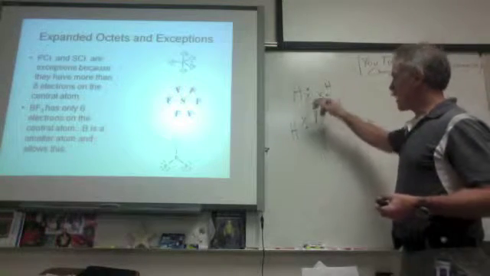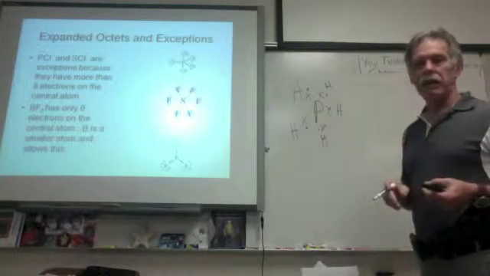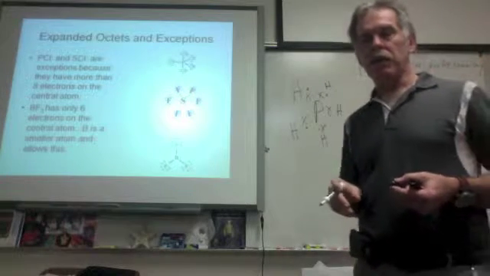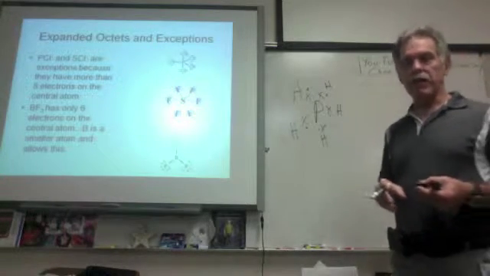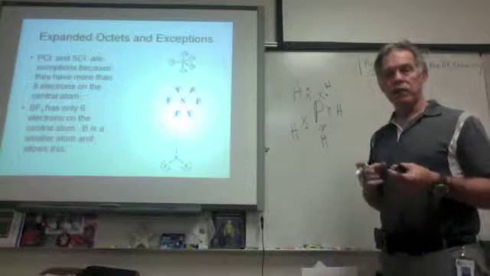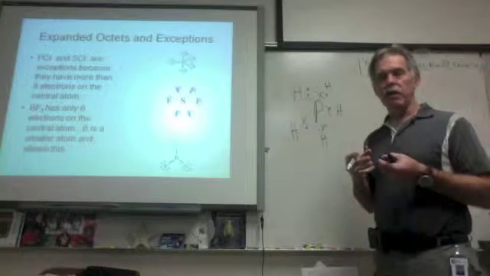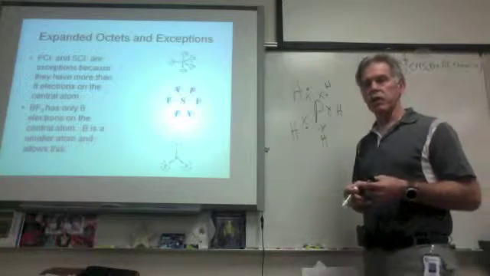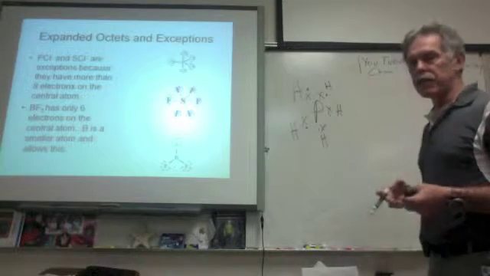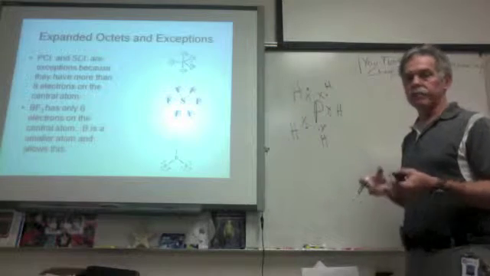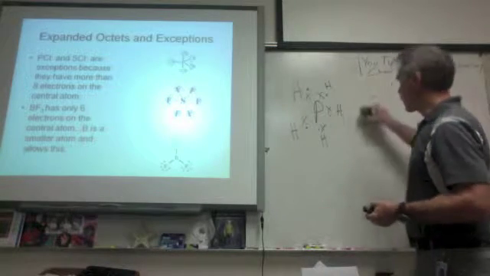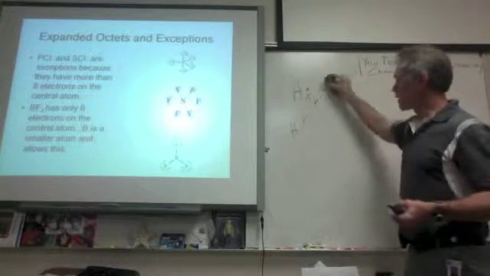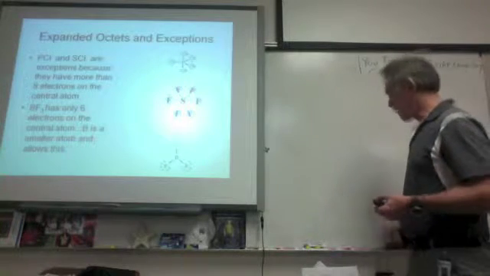It's a stable form that exists. So this is PH5. And I'll just say, show the dot diagram for PH5. Or I'll ask you to show the exception with phosphorus and hydrogen, or phosphorus and chlorine, or phosphorus and iodine. And it has 10 valence electrons. Sulfur is pretty much the same thing, except it's got 6 valence electrons.